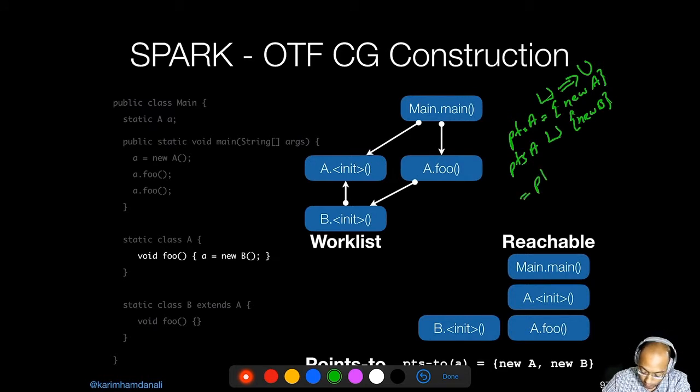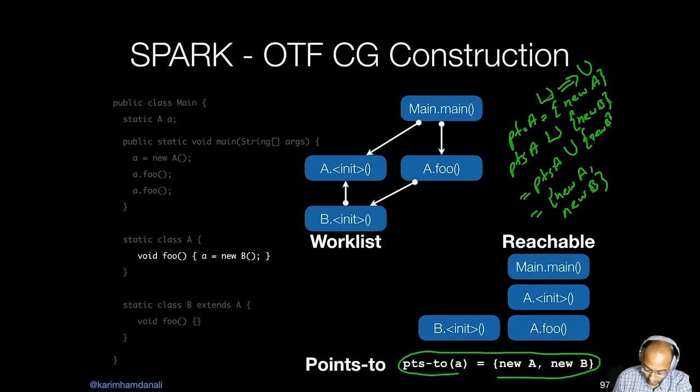So this is going to be the points-to set of a union new b, which will give me basically new a, new b. And this is exactly why we have this points-to set down there.